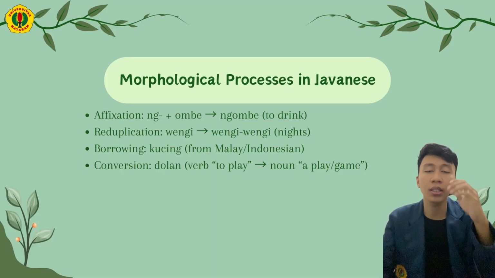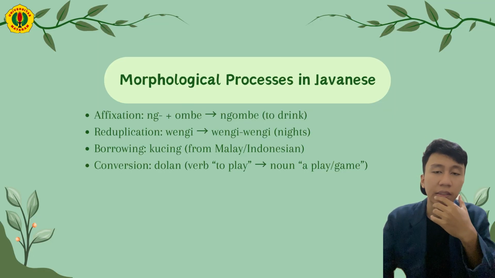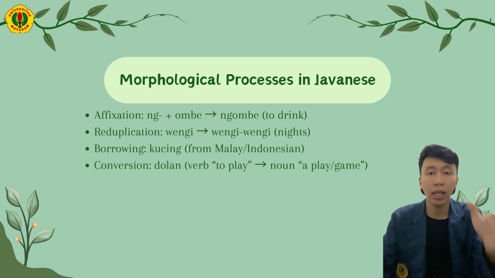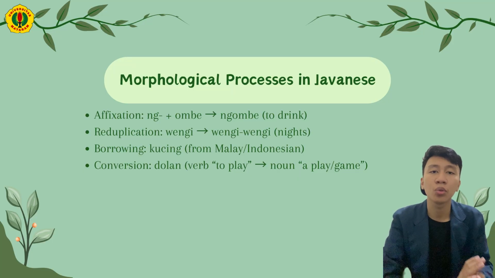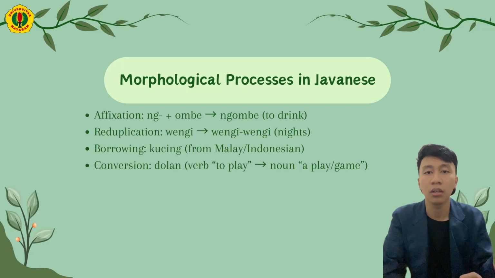In conversion, it is using the same word in a different grammatical category. In short, for example, dolan can mean to play as a verb, or play or game as a noun.